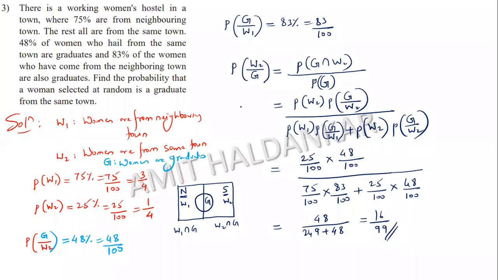Students, this part over here that I have written, P of W2 by G, this part here is by Bayes theorem. So we have E1 and E2 as equally likely, mutually exclusive events over here. P of A upon E1, P of E1 upon A. So these are the values that you want to find.